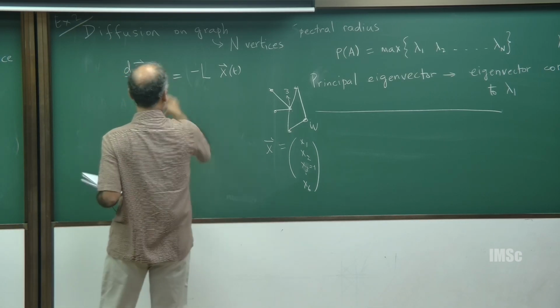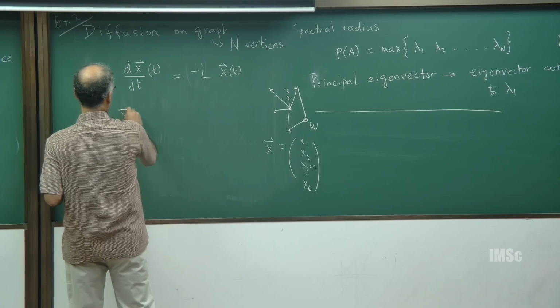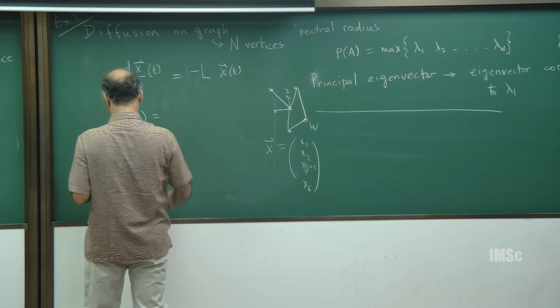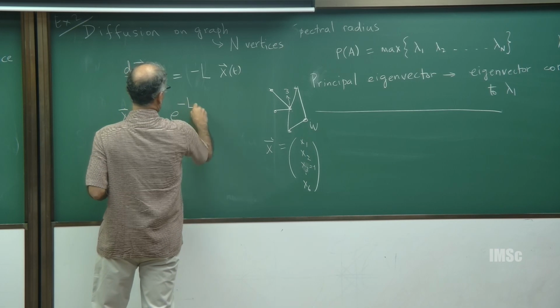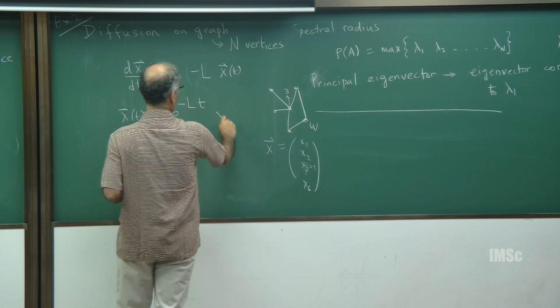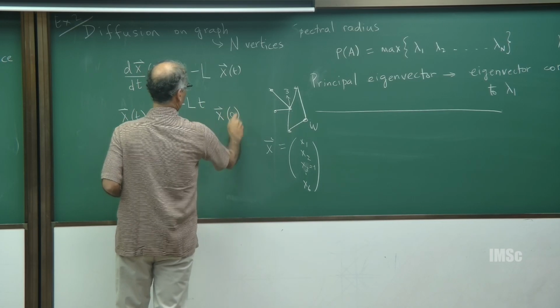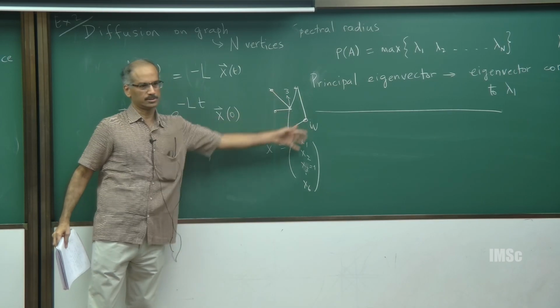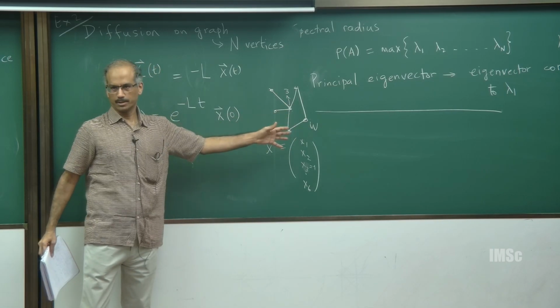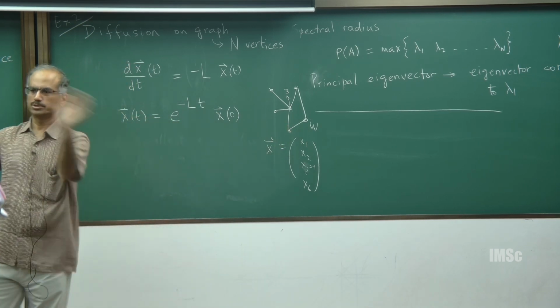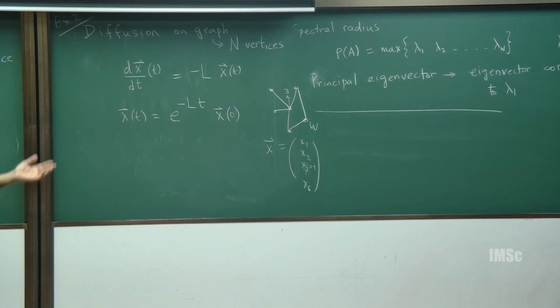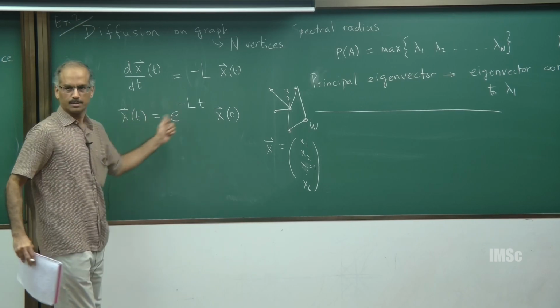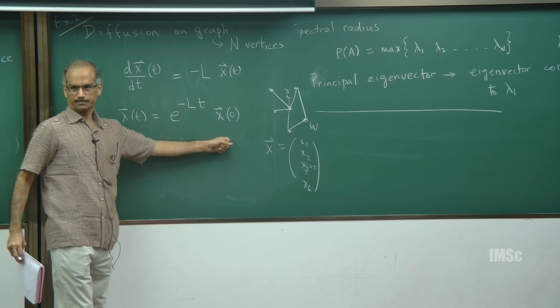This one can be solved. You can write it as e to the power minus Lt. This is your initial distribution of walkers over this network, and you are asking what the distribution is at some other time. You keep solving this at a particular time and you will get this.